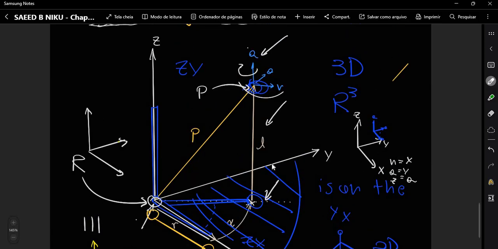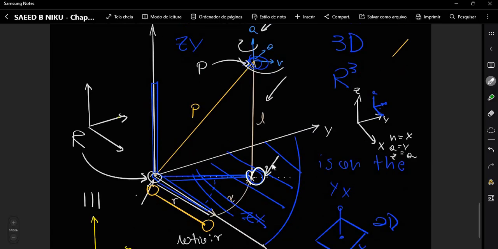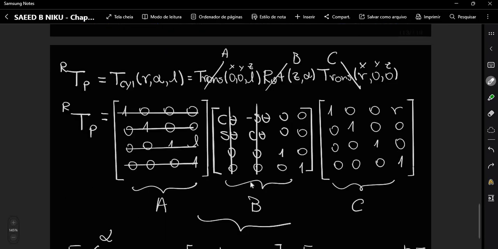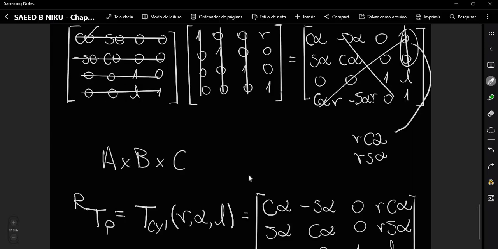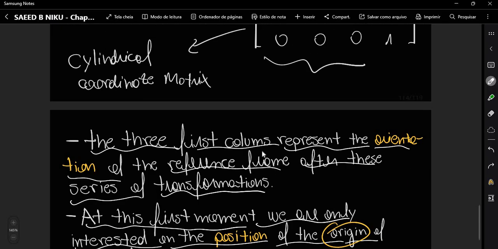If we are right here and do a translation to this point, what we are changing is the position. But if we are right here and we do a rotation, what we are changing is the orientation. And I commented on this in the last video, cylindrical coordinates part 3.